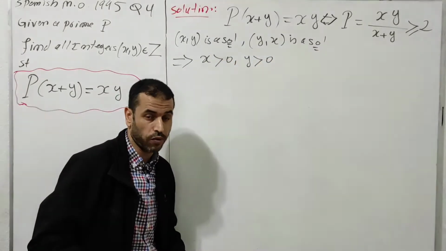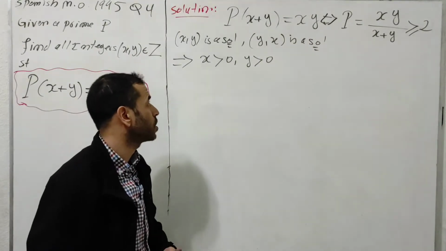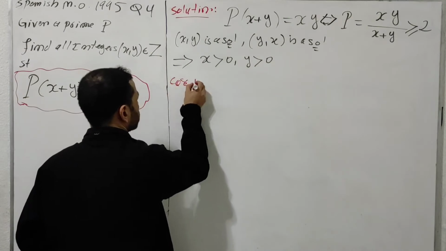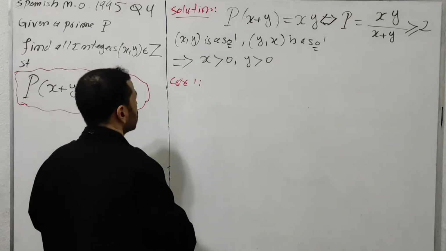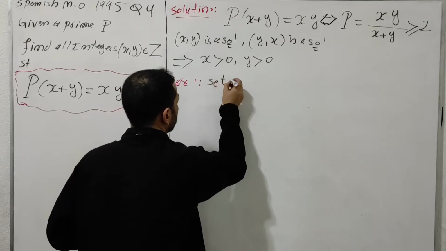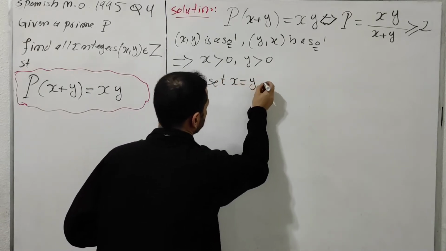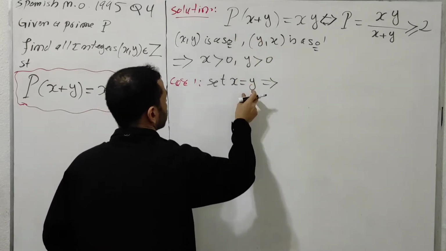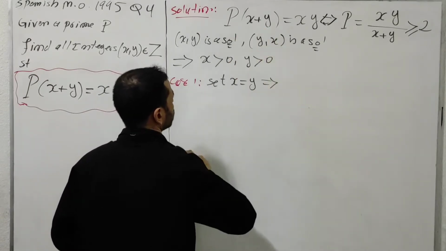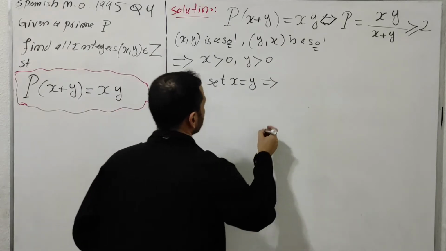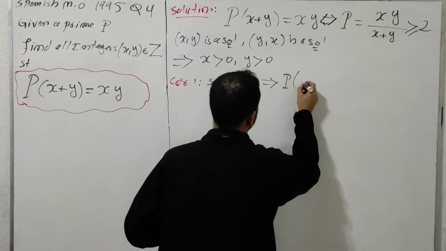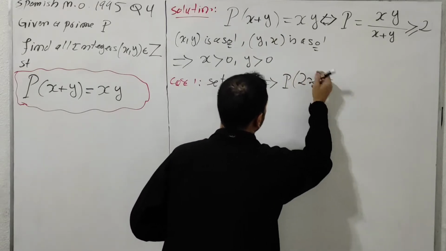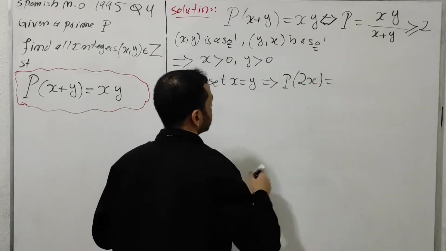Now we solve our equation by taking the first case, x equal to y. Case number 1: let's set x equal to y. I replace y with its value in this equation. I get p multiplied by (x plus x), which is 2x, equals x multiplied by x, which is x squared.